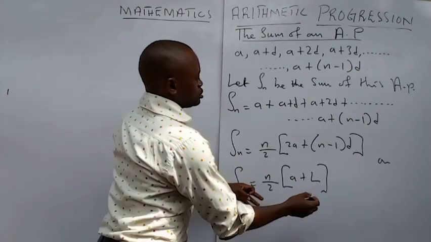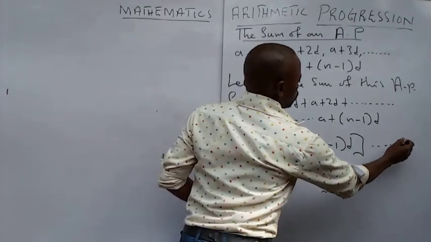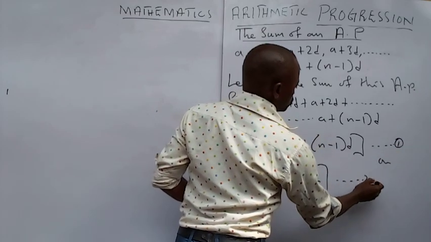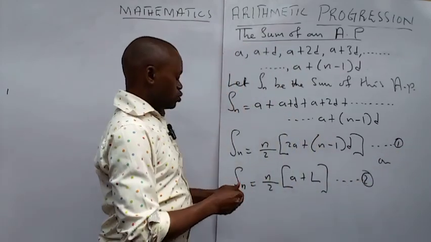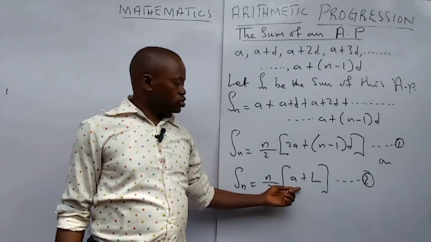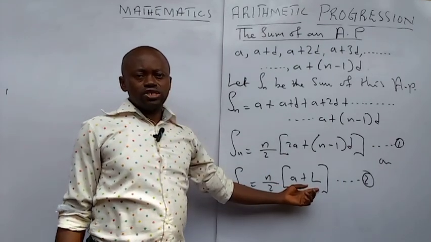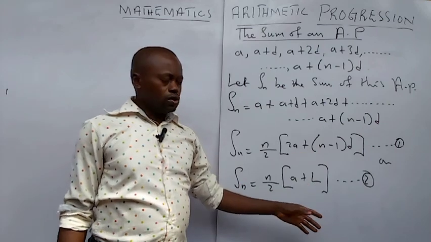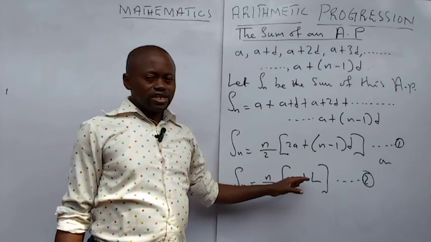This is expression 1 and this is expression 2. Expression 1 is commonly used, but expression 2 we use when the first term and the last term are made available in the question. So we use either of these.